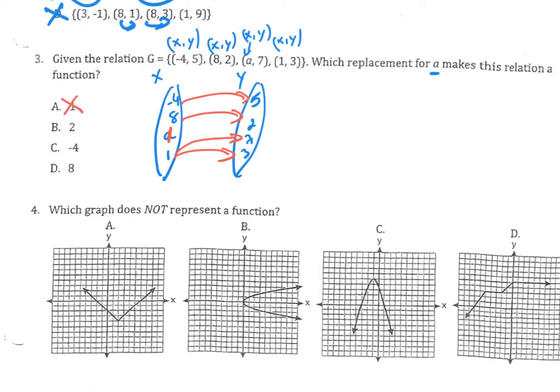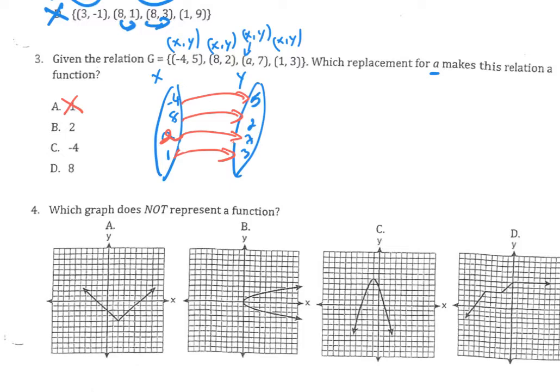And if I have 2 here instead of A, that's going to make a function because every input has exactly one output, and we don't have other twos.